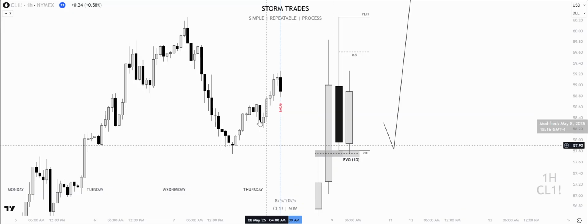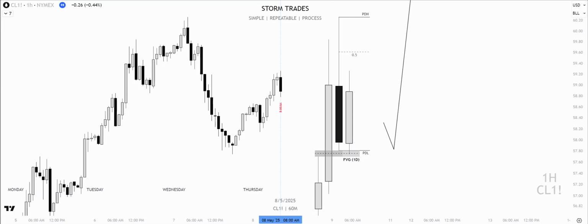So at this point, price was located inside of an hourly bullish fair value gap. I also noted that we had another hourly bullish fair value gap a little bit lower, which is unmitigated. So this fair value gap very well may never get traded back into. It could be a propulsion fair value gap.